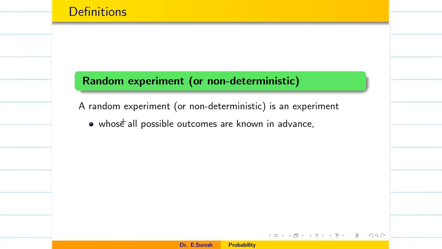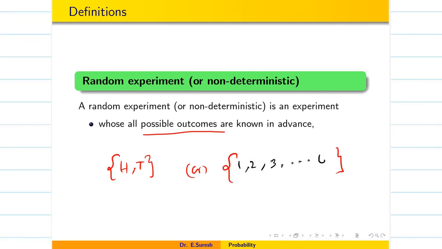An experiment is said to be a random experiment or non-deterministic if, as I said, all the possible outcomes are known in advance. For example, if you toss a coin, you know I am going to get either head or tail. Similarly, if you take a die, I know my outputs are going to be 1, 2, 3 up to 6.